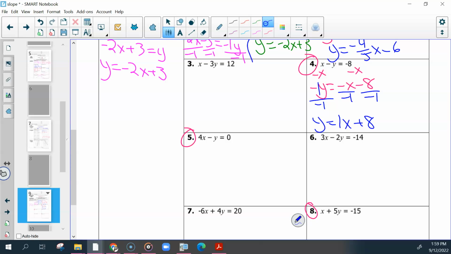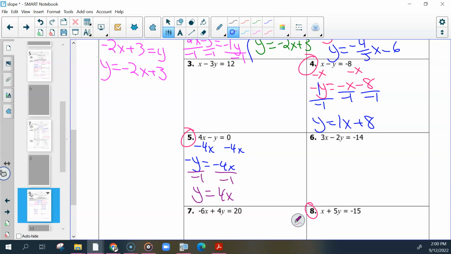For number 5, same thing. Get rid of the x term by moving it over. And you could do this one a couple different ways. If I moved x over, I would still need to divide out the negative in front of y. So I could say my slope is 4.